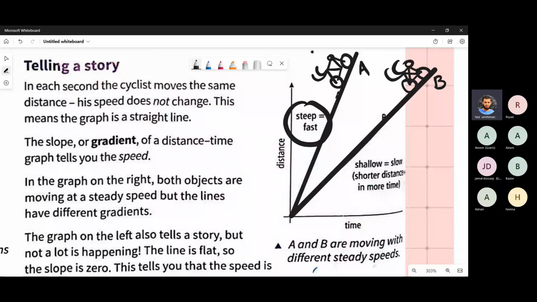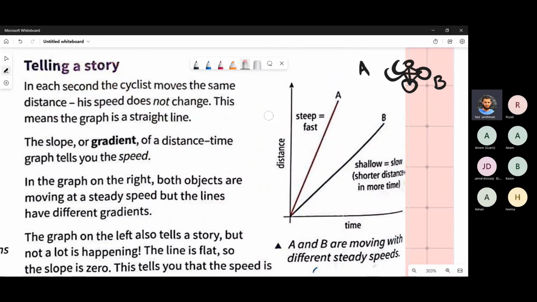Let me check if I am saying this correctly. With the same time, this line covers a lot of distance and this one covers less. Yes, I'm correct. But there are two types of graphs in these two lessons: distance-time graphs and speed-time graphs. The speed-time graph will give the acceleration and the distance-time graph will give the speed.